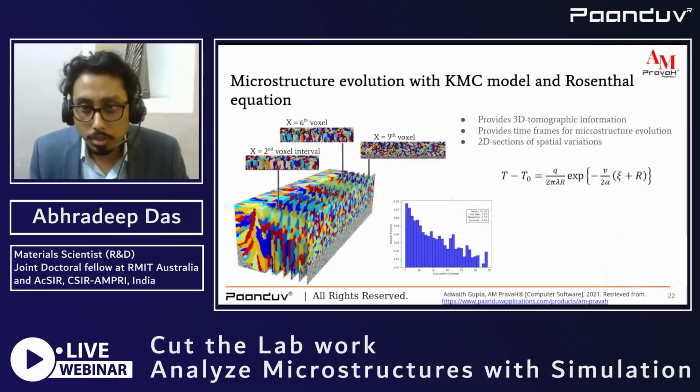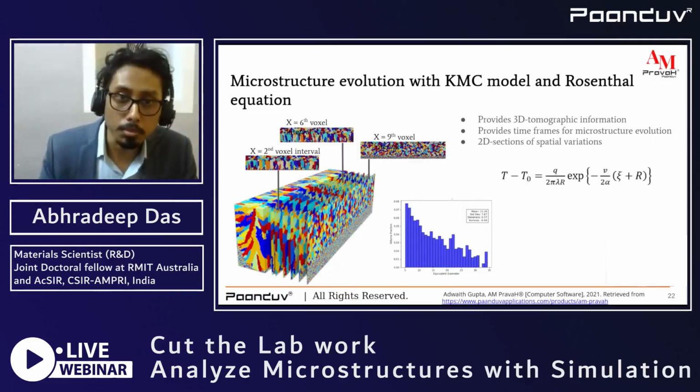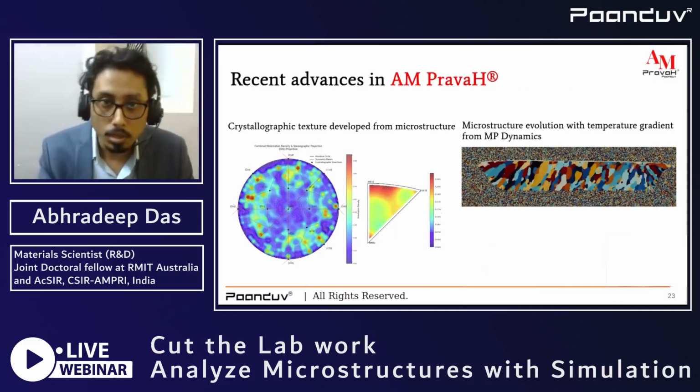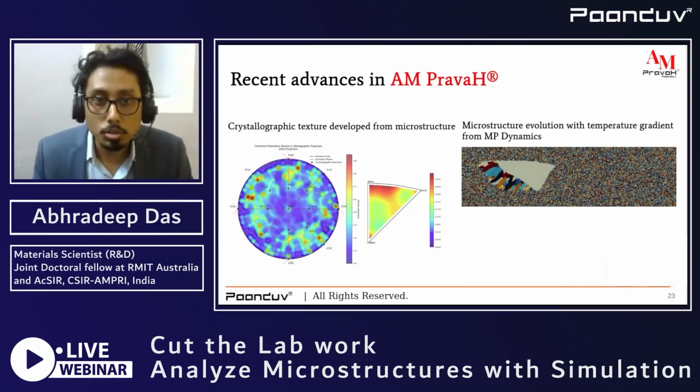Typically we generate different sections through the EBSD data, and we can have a complete microstructure description with this particular software module. Some of the recent advances in AM PravaH software include crystallographic texture.